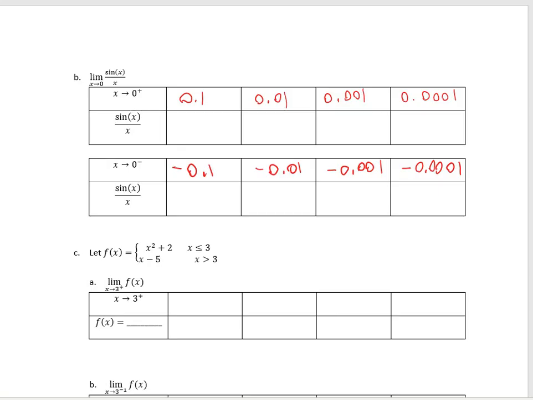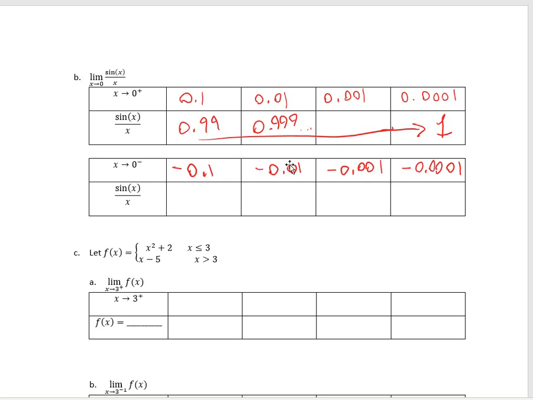So we have 0.99, 0.999, etc. On this side, it looks like our values are approaching 1.